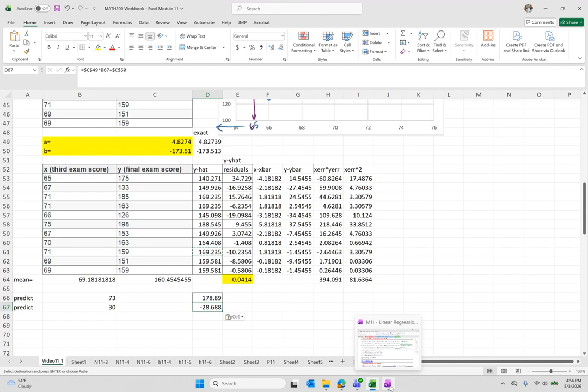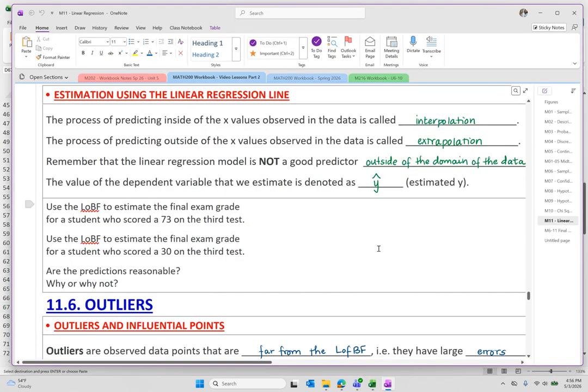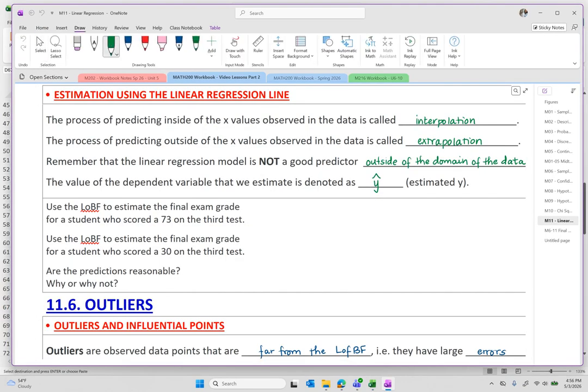So the final exam score for x equal to 73, third exam score equal to 73, comes out to be 178.89. And the final exam score y hat, when x is equal to 30, comes out to be negative 28.7.